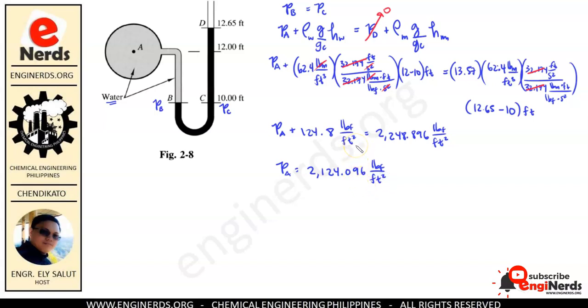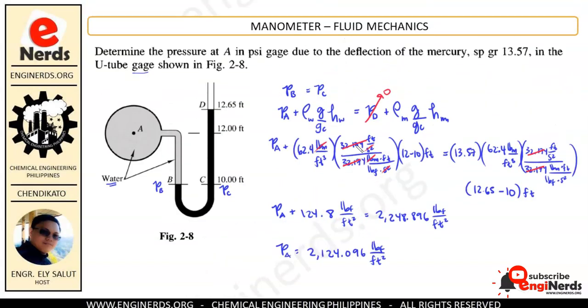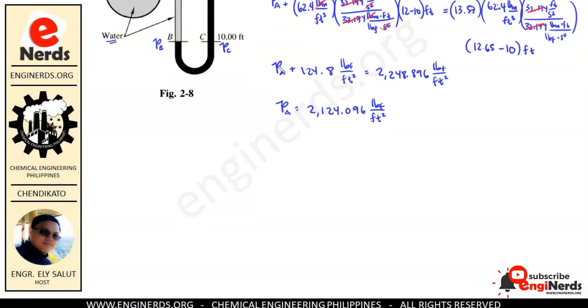But, we'll have to express this in PSI. Okay, so dahil ang pinahanap sa atin dito is in PSI. So, we'll convert this into PSI. So, we have PA is equal to 2,124.096 pound force per feet squared times. In 1 foot, we have 12 inches and this will be squared.